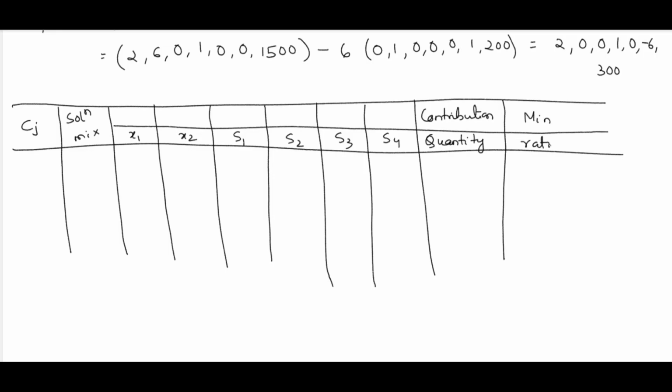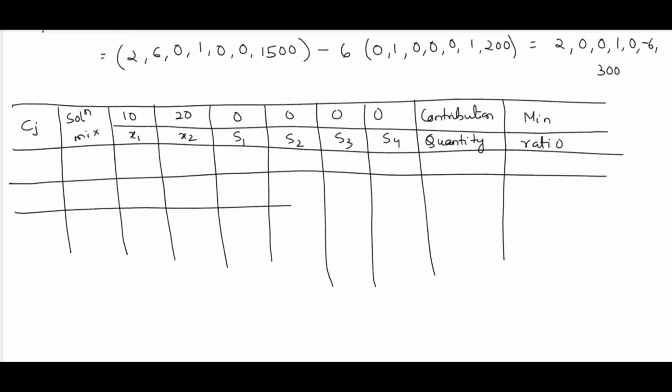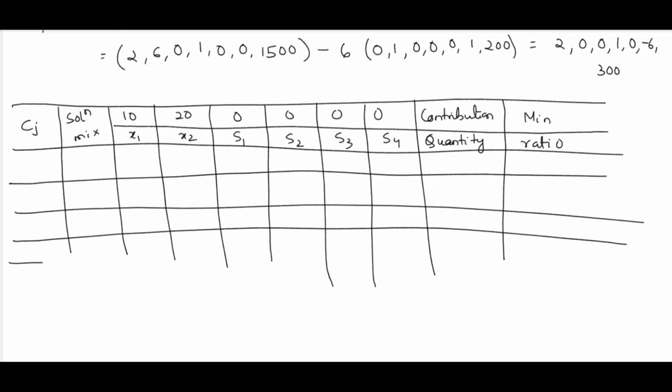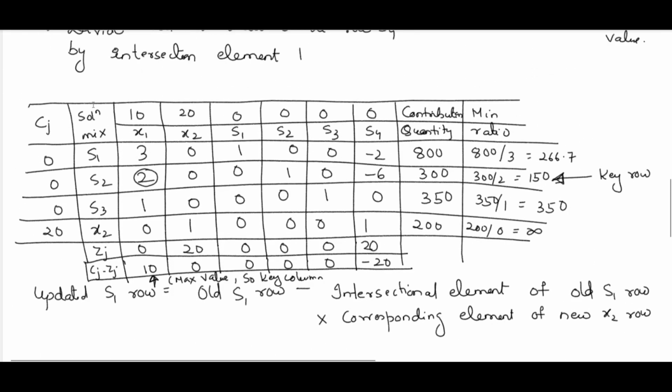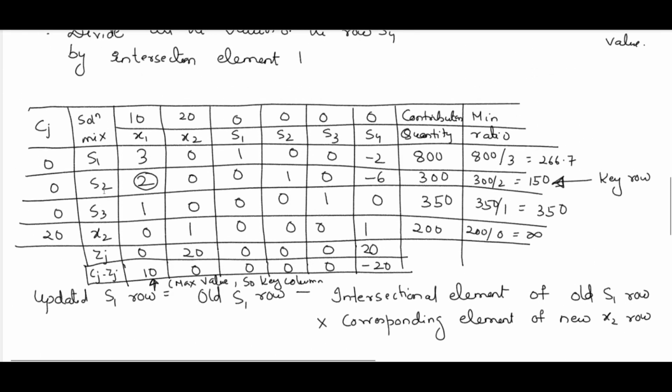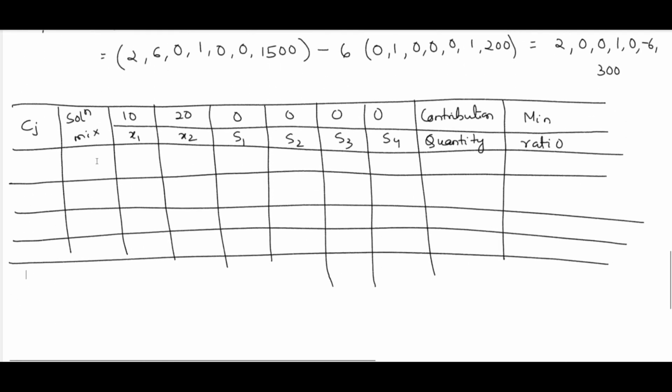Same thing. Now values are 10, 20 and all zeros, Z values. Now till now, the main objective is we have to determine the optimal values of the decision variables x1 and x2. So here x1 will be replaced instead of S2, and the coefficient of x1 is 10.